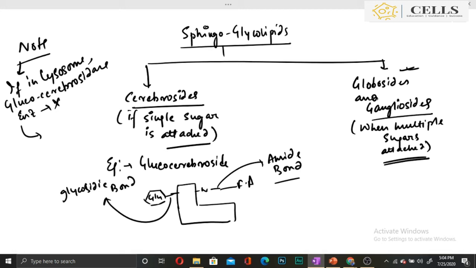Glucocerebrosides will not be degraded, so there will be accumulation of the glucocerebrosides in the lysosome.